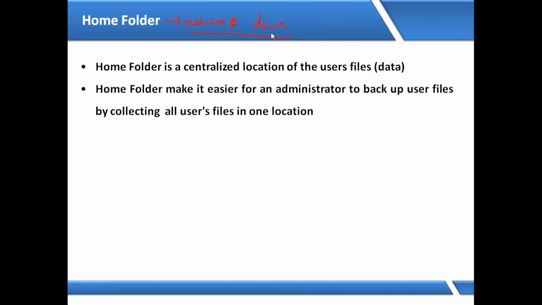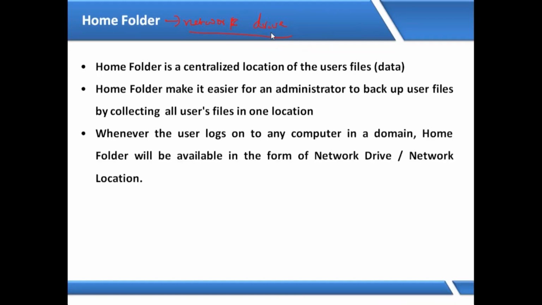But in the home folder, the administrator doesn't have to check the folders. All the users' data will be stored in a single folder, that is the home folder. So if the administrator takes the backup of the home folder, the backup of all users is done. So it makes the administrator's job easier and the user's job also easier.